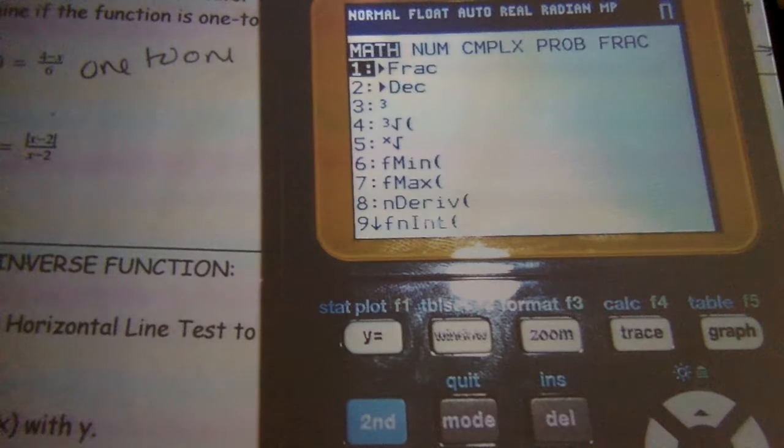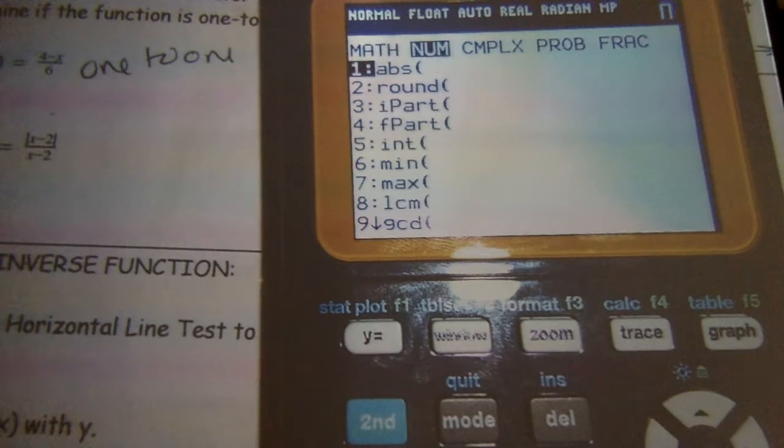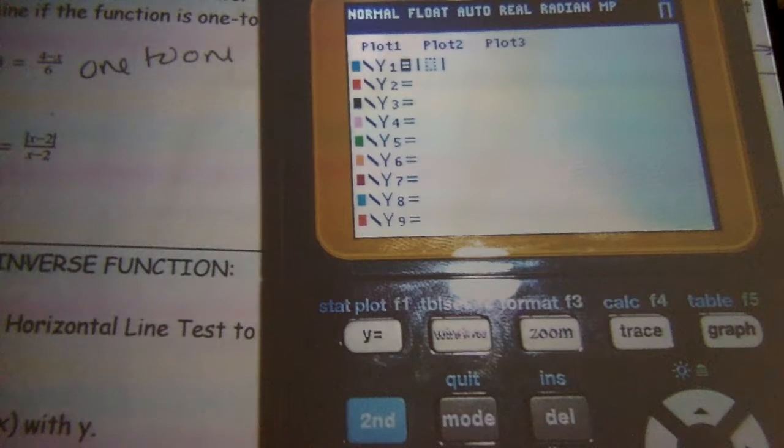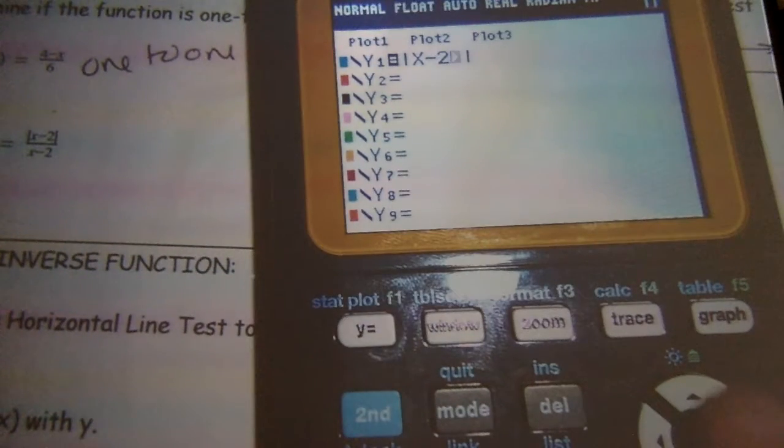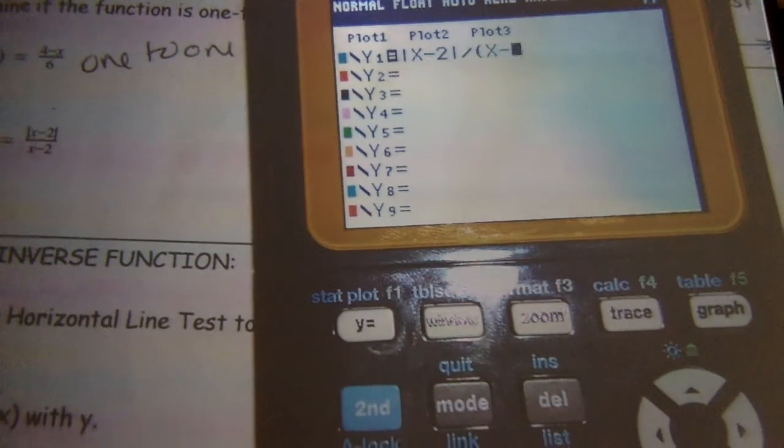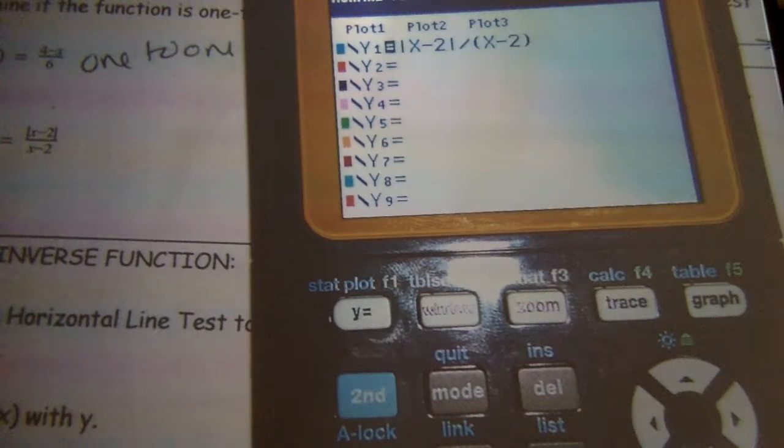Math, numbers, number 1. And that's x minus 2. Take your right arrow to get out of the absolute value. Parenthesis, divide. Parenthesis x minus 2. Absolute values work as a parenthesis. Hit graph.